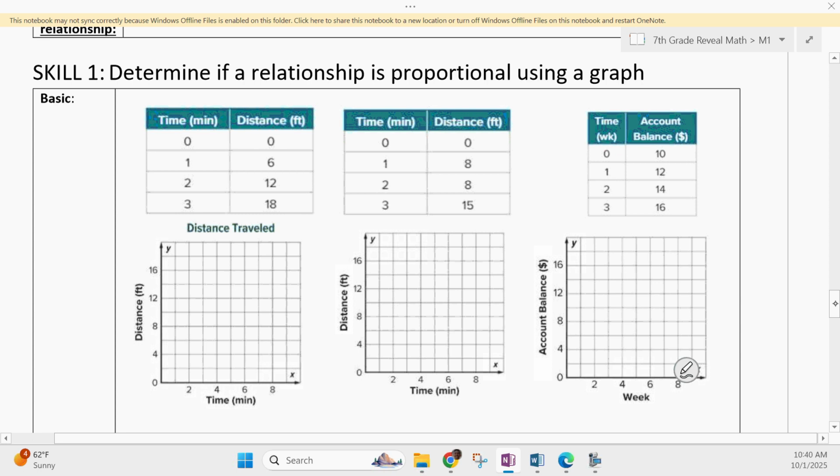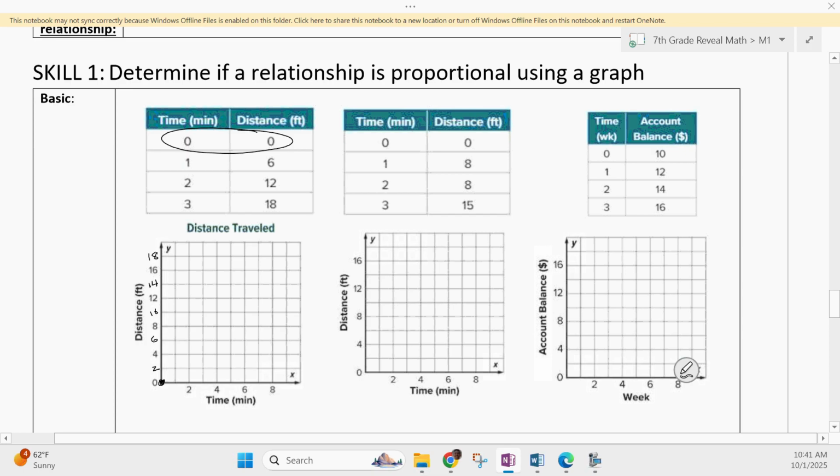This first one, circle this. That gets us started pretty well. That looks like the origin to me. 0, 0, put a dot. Okay, then we got 1, 6. I'm going to put the other numbers in because that helps me. I'm going to go up here, put all these other numbers in.